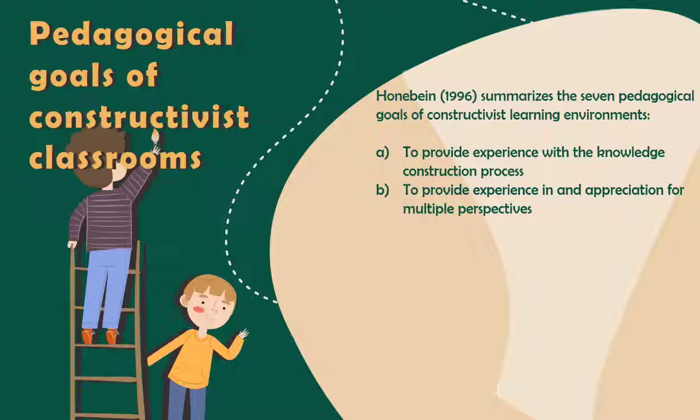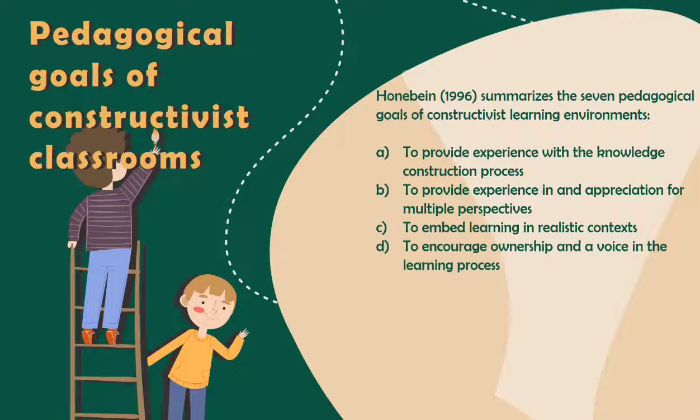It is possible when it comes to evaluation of alternative solutions. C, to embed learning in a realistic context, meaning in simple terms, it should have authentic tasks. Letter D, to encourage ownership and a voice in the learning process. It should be student-centered learning.